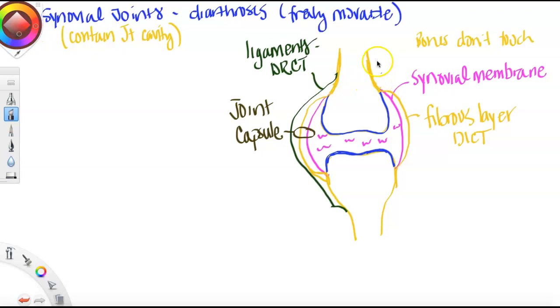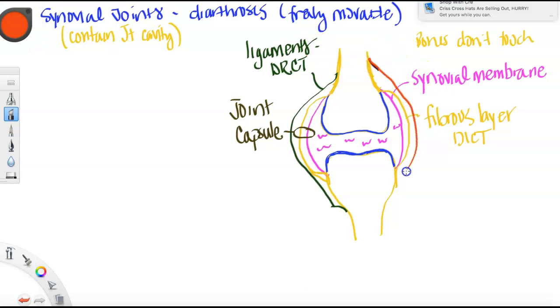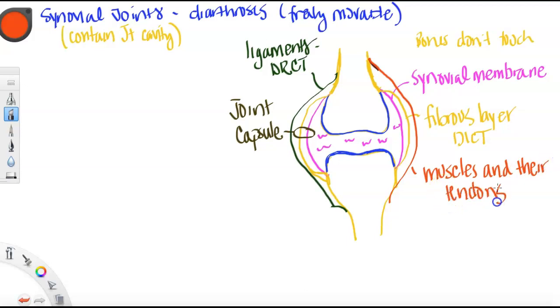There also can be muscles. So muscles and their tendons that cross the joints. So that is the basic structure of a synovial joint.